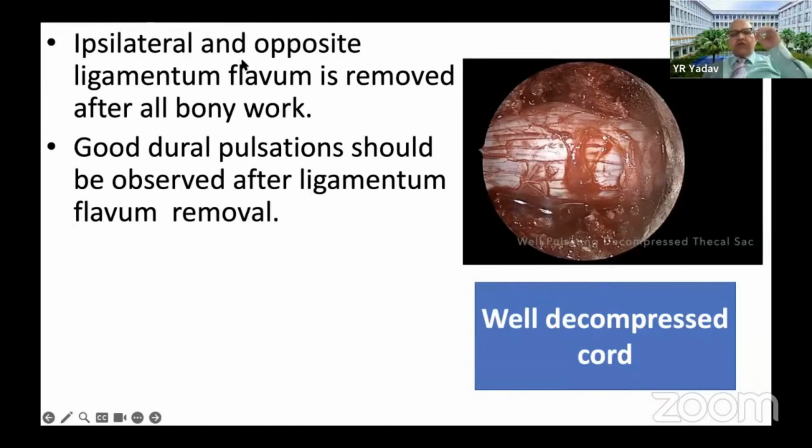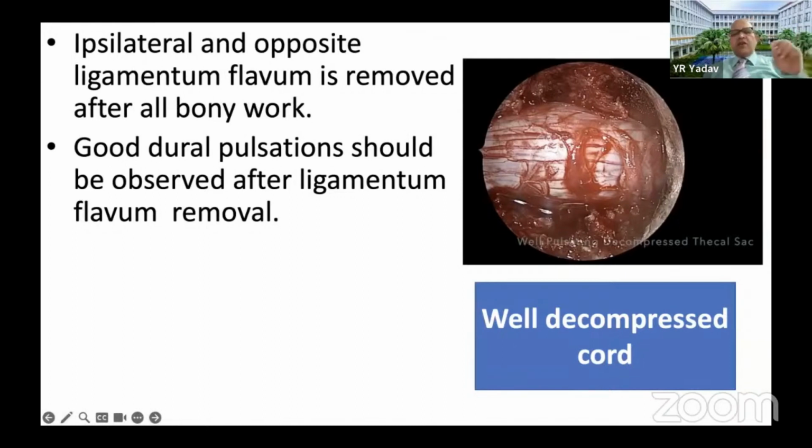One important point, as in the lumbar spine, is that when you are doing bony work, do not remove the ligamentum flavum. The ligamentum flavum protects the cord from injury. So keep the ligamentum flavum until you finish all the bony drilling.